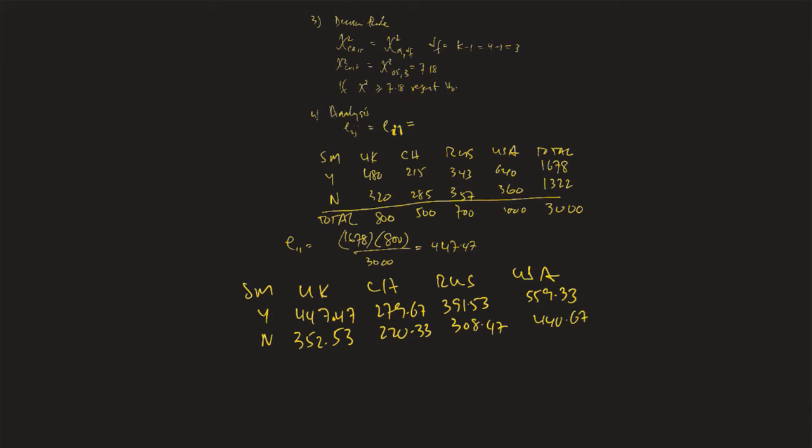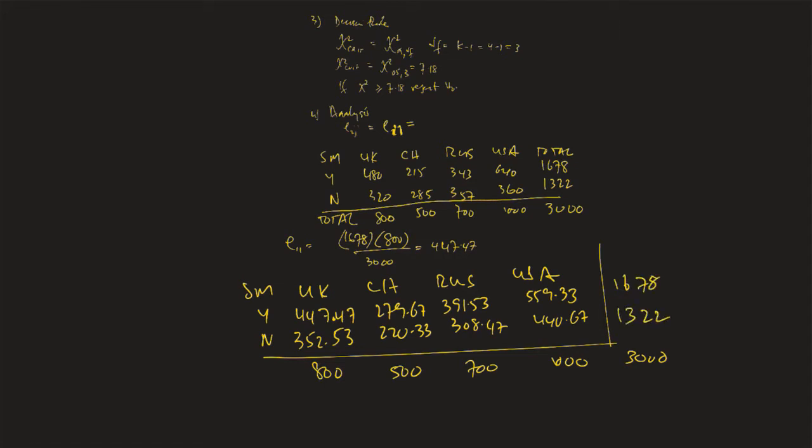And like I said, if we add those values up, we will get the same values that we had before: 800, 500, 700, 1000, 3000 is the total of those numbers, and that will give us 1678, 1322. All right, so those are your expected values.